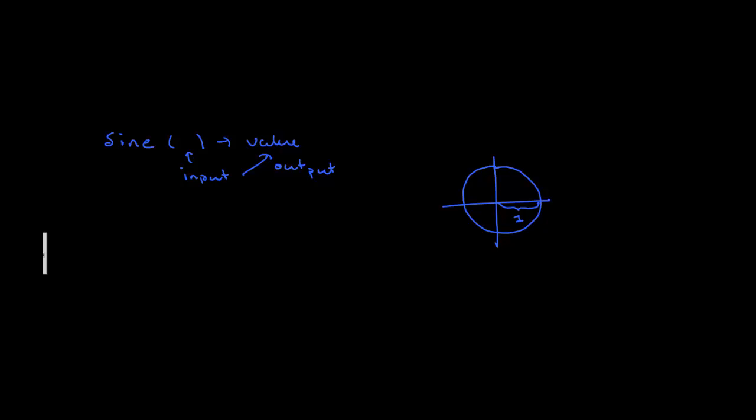If we draw an angle, let's say I draw an angle like this, and that angle's in standard position, meaning that its initial side is here on the x-axis, and its terminal side is anywhere, I guess, around the circle. That angle, let's call it theta.